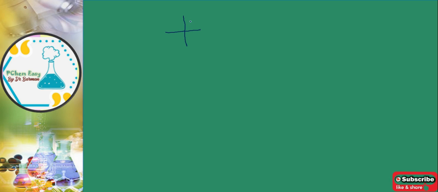We have assigned the priority 1, 2, 3, 4 to the groups on the chiral carbon. Now what we have to do is move 1 to 2, 2 to 3. 4 you can leave or neglect. I will tell you why.